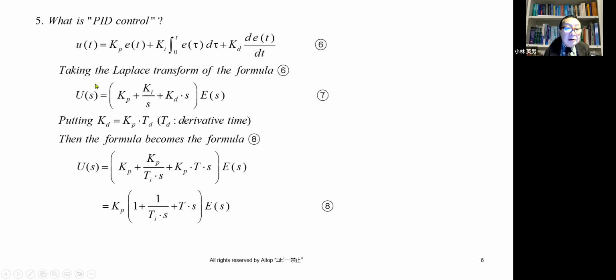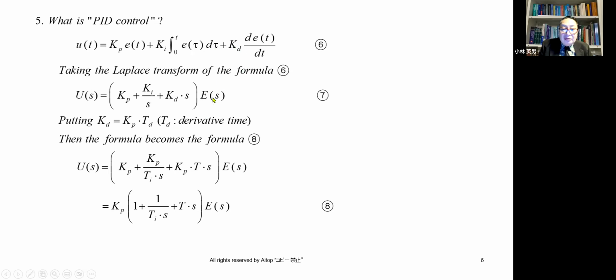And next slide. What's PID control? P, I, and D are used at the same time. This is P control, this is I control, this is D control, okay? Then we use Td, derivative time, Td. Then using this Td, we use Td in formula 6.